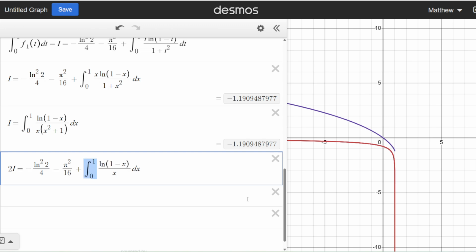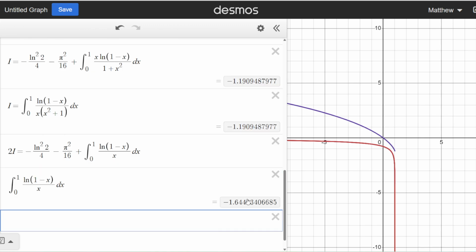This is a well-known integral, and I've shown it here before on this channel. I don't want to go through the process of showing that. I believe that is negative pi squared over 6. Let's see if I'm right. It is. So we're done.